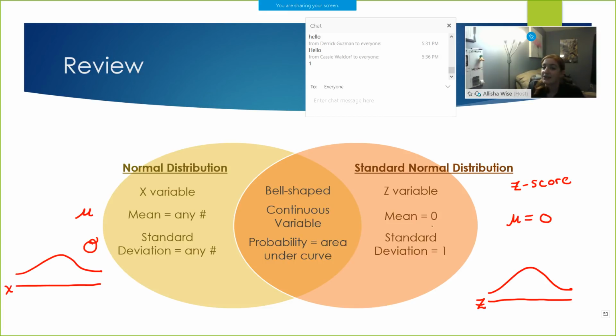So for a standard normal, the standard deviation would be 1. Okay, awesome. So that's basically the differences between the two. You've got different variables. Normal is an X, standard normal is a Z. Your mean and standard deviation have to be given to you in the normal distribution. Standard normal, you assume the mean is 0 and your standard deviation is 1.